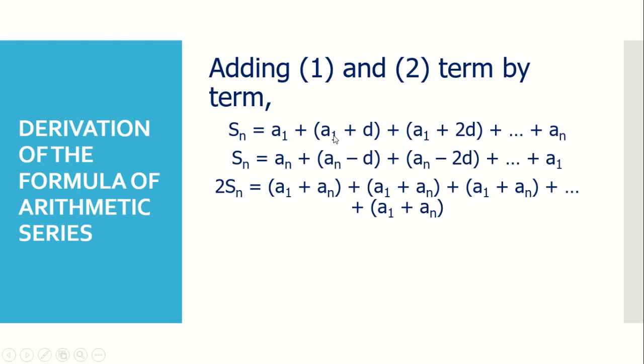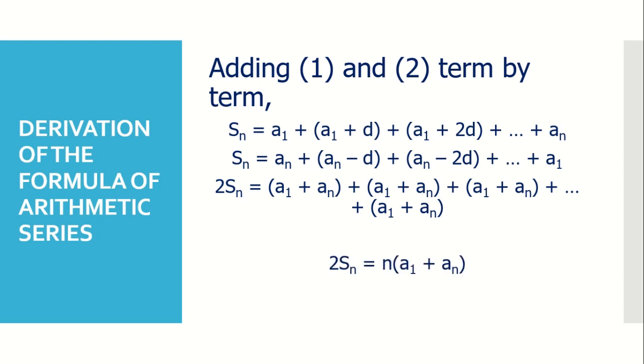Then a sub 1 plus d plus a sub n minus d will cancel the d because they have different signs, so we will have a sub 1 plus a sub n. The same thing with a sub 1 plus 2d plus a sub n minus 2d: they have different signs, positive and negative, so they must be cancelled. We'll have a sub 1 plus a sub n, plus the remaining terms a sub n plus a sub 1, or a sub 1 plus a sub n.